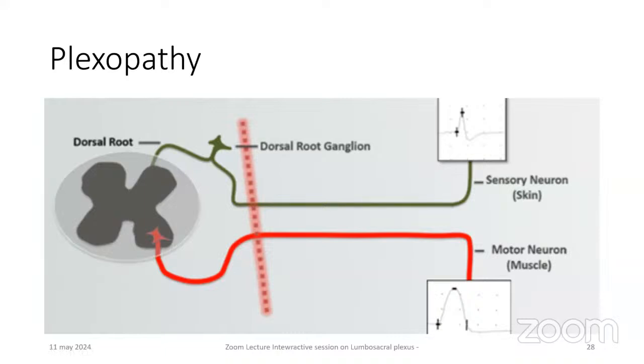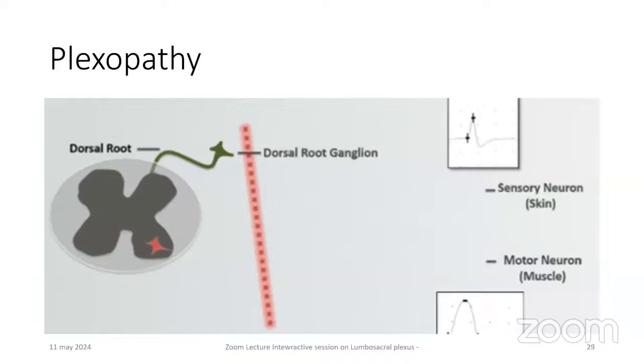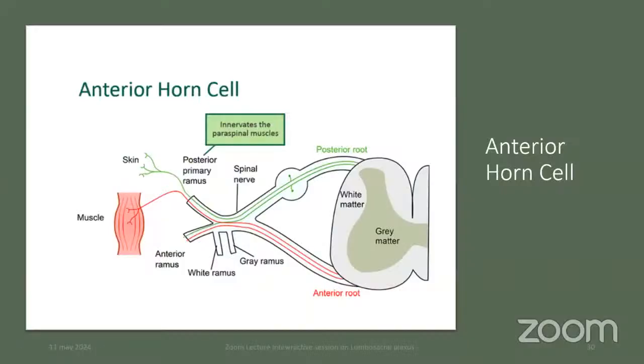The most important is SNAPs, whether they are involved or not, and also F wave, and we can take help of H reflex also in the lower limbs. In plexopathy, after some time, the sensory response will disappear, but the motor response may be present for some time.